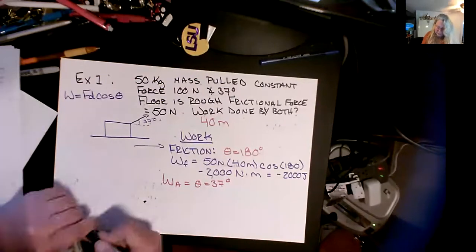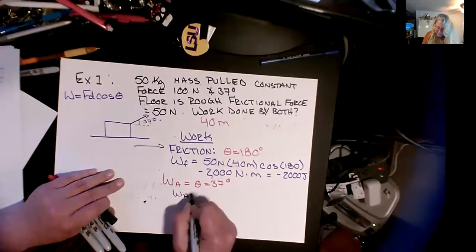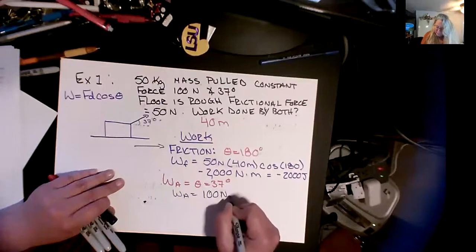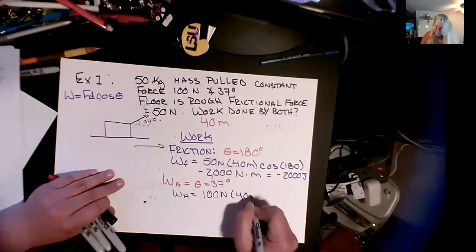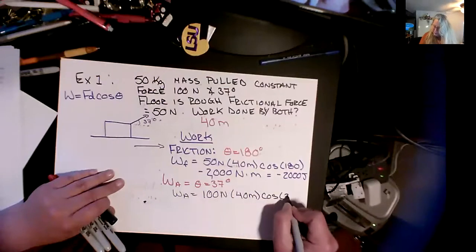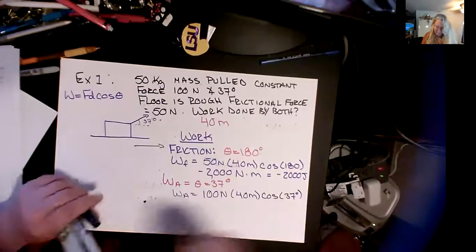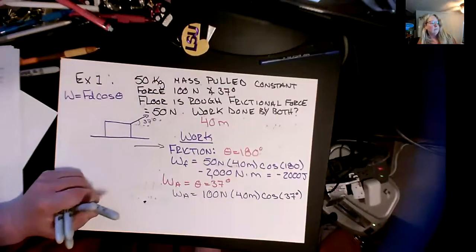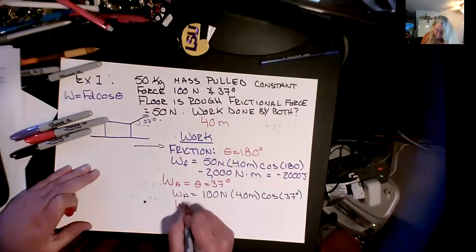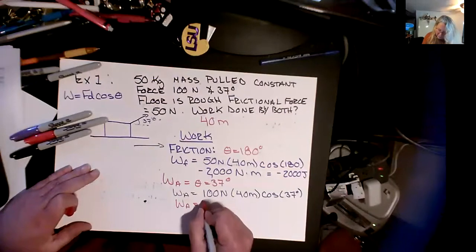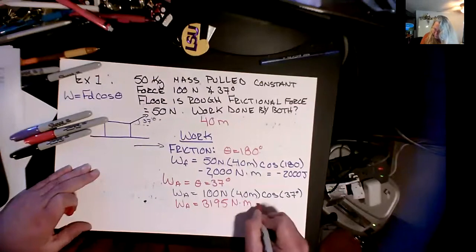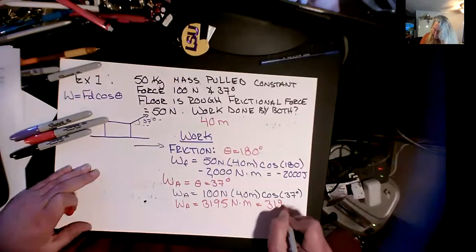And then my work applied is going to be the force, this 100 newtons, times the displacement, this 40 meters, times cosine of 37. So that gives me that the work from that applied force is 3195 newton meters, or 3195 joules.